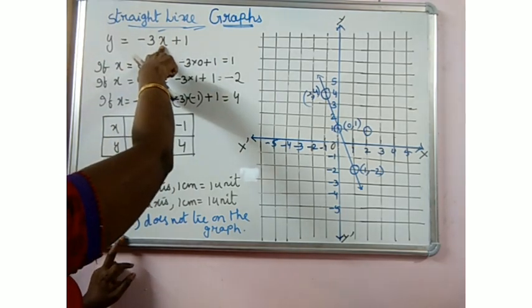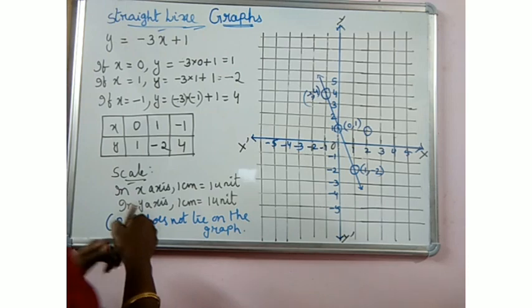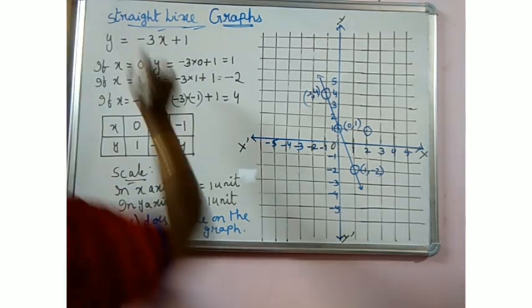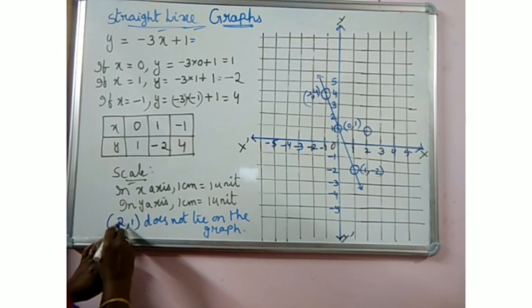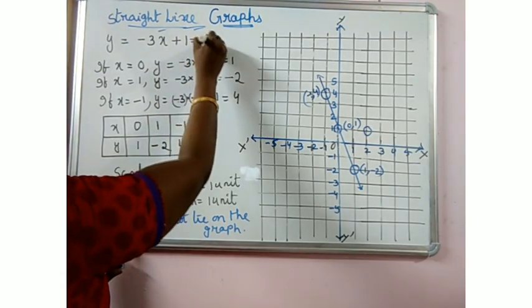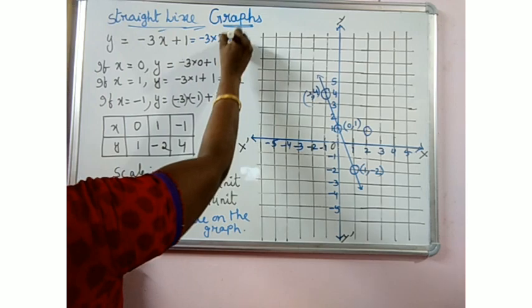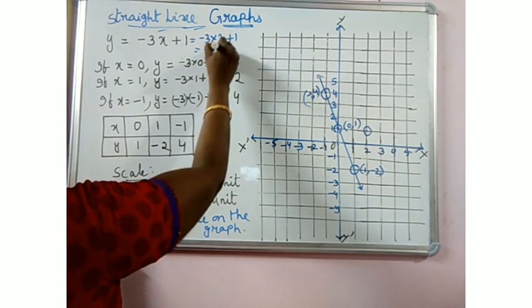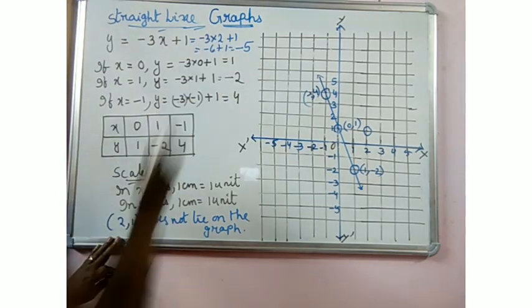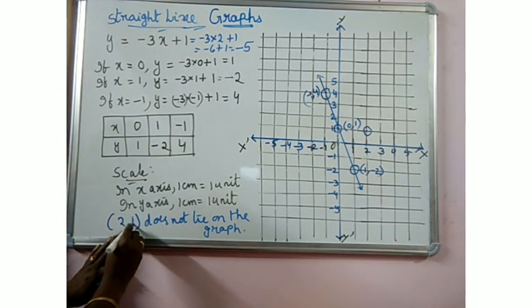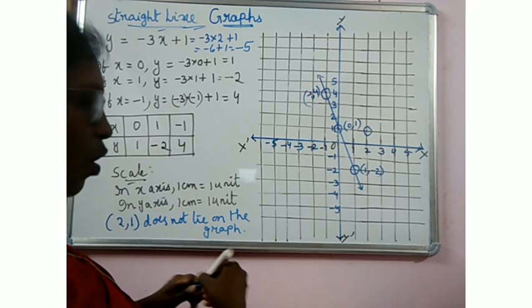The equation is y equal to minus 3x plus 1. Let us substitute the value of x here. Minus 3 into 2 plus 1, minus 6 plus 1, you are getting minus 5. But the y coordinate is plus 1 here. That's why it does not lie.